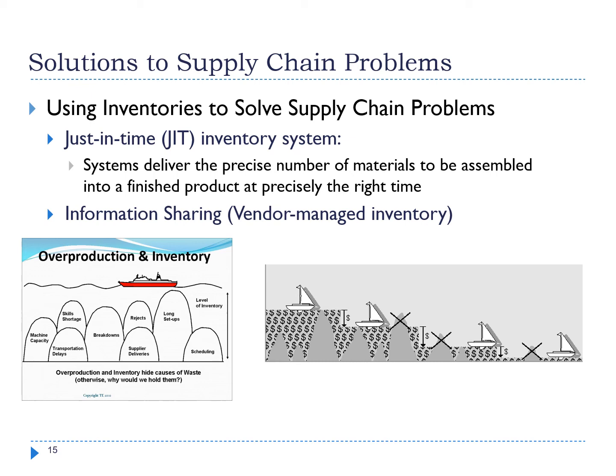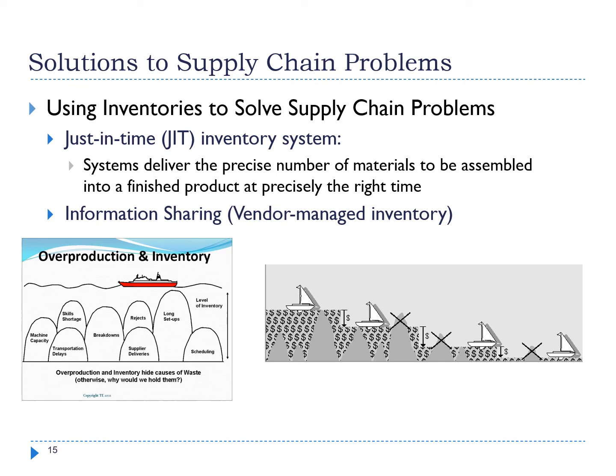There are a variety of solutions to supply chain management. One widely used strategy to minimize inventories is the just-in-time inventory system. Just-in-time inventory systems deliver the precise number of materials to be assembled into a finished product at precisely the right time.